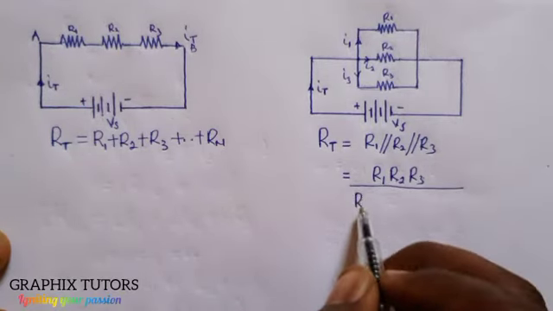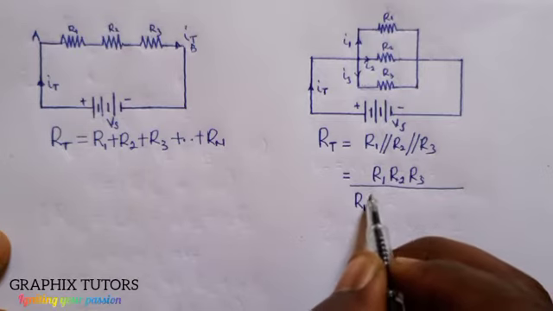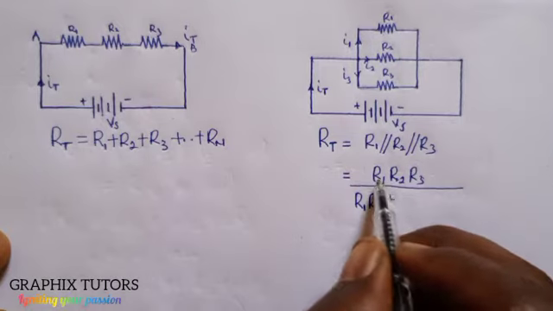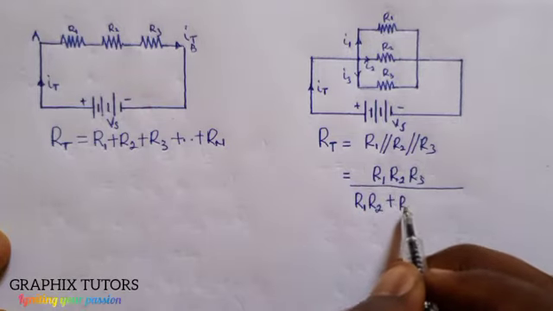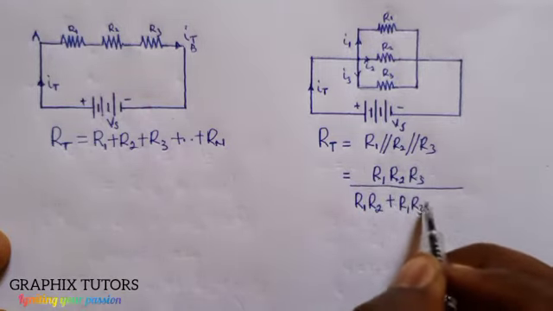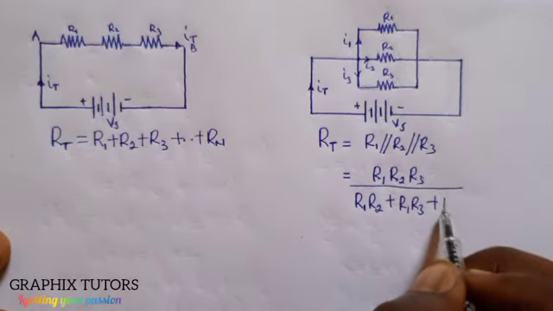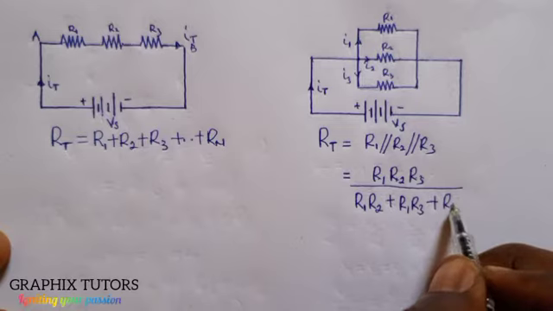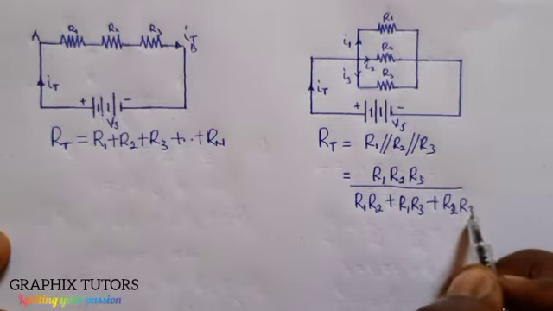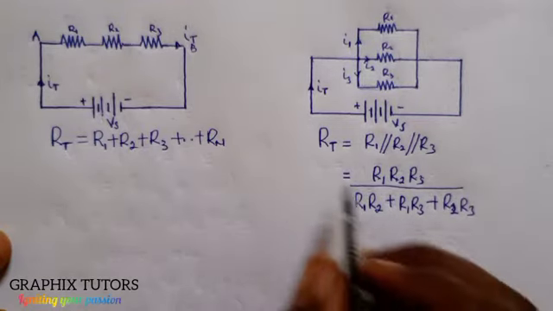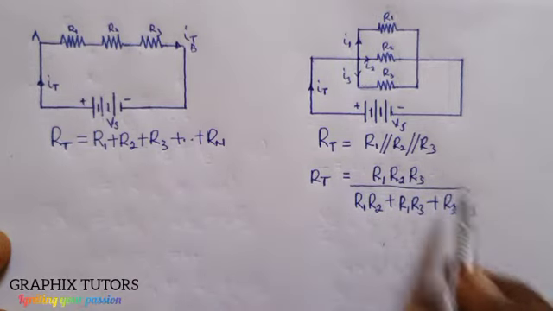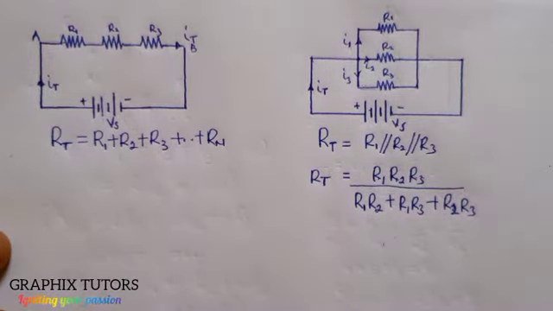First one is R1 R2, plus R1 R3, that is the second one, plus R2 R3. No one must repeat each other. You can see that? So we say this is my R total. This is the general formula for resistors in parallel when there are three.